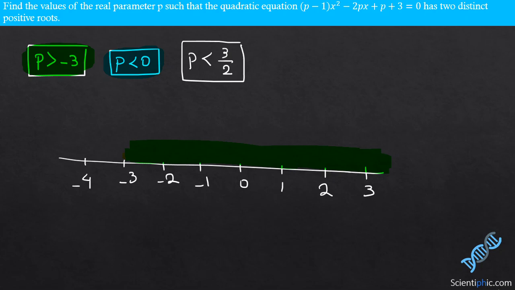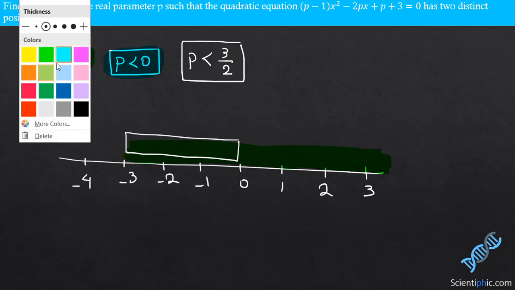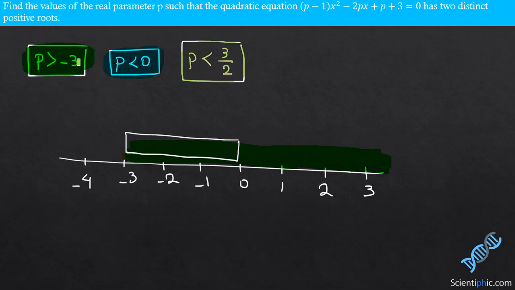So p has to be less than 0, and finally, looking at p less than 3/2, we see that if p is less than 0, it is automatically less than 3/2 as well.